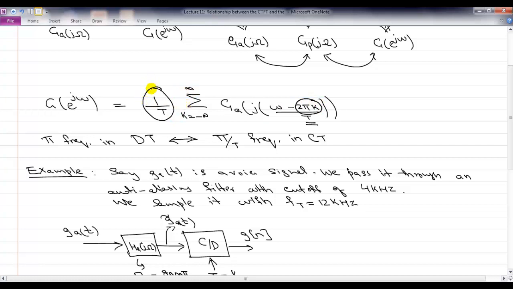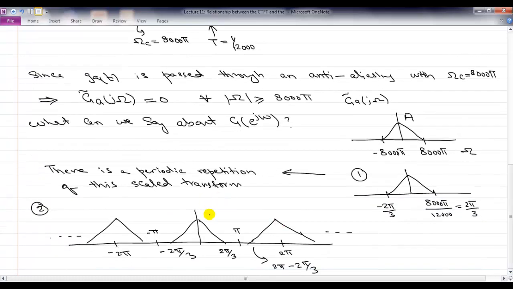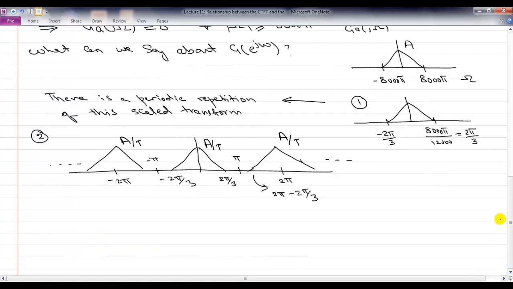And the third one is you have a scaling of the amplitude. So what you get is instead of A, you will have A over T. All the amplitudes will be scaled by 1 over T. Okay. We could have done it in one step, but I wanted to do it in a more methodical fashion.